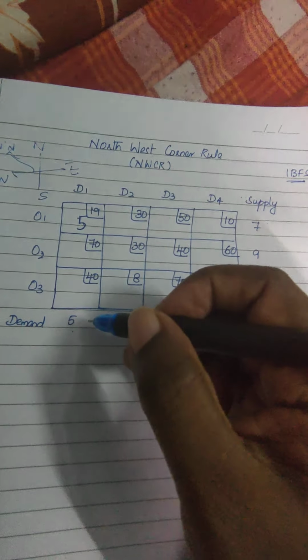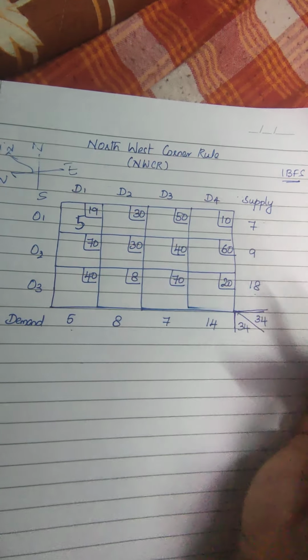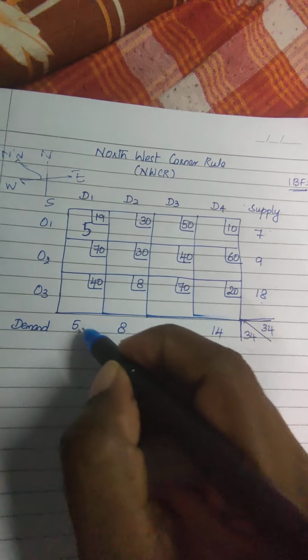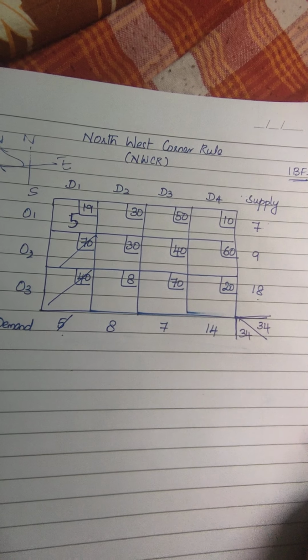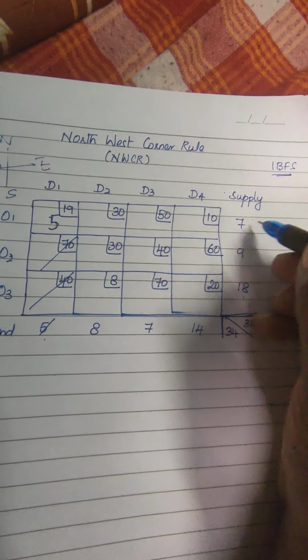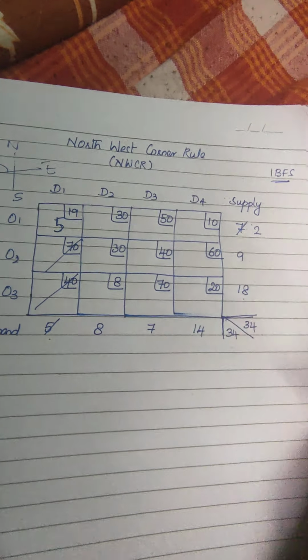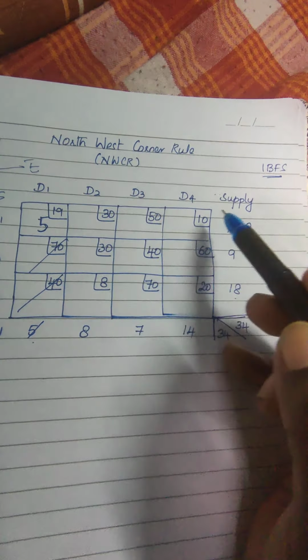Now this is satisfied, so I close this particular demand, this destination, because it is completely satisfied. I have taken 5 from the supply, and there are still 2 left. I write that. Now we look at the remaining boxes.